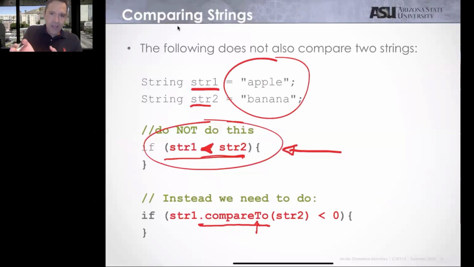So in this case, the answer is apple is lower than banana. So in this particular case, something like this, string 1 lower than string 2, the answer will be true, because alphabetically A comes before B, and that's it.